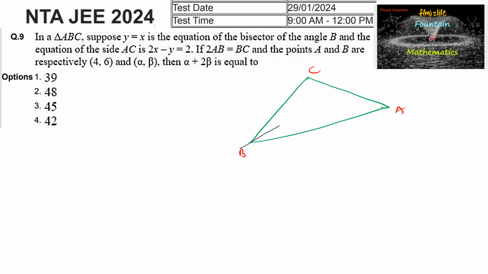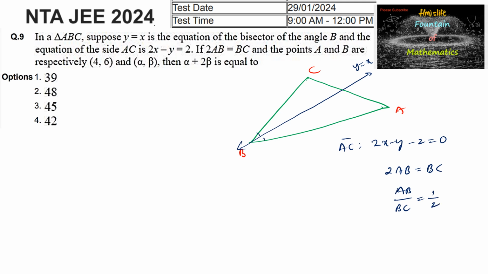So let us consider this is the line equation. y is equal to x is the bisector of angle B, and the equation of the side AC is 2x minus y minus 2 is equal to 0, and 2 times AB is equal to BC, that is AB upon BC is equal to 1 upon 2, and the points A and B are respectively A is the point (4, 6) and B is the point (alpha, beta). Then what is the sum alpha plus 2 beta?